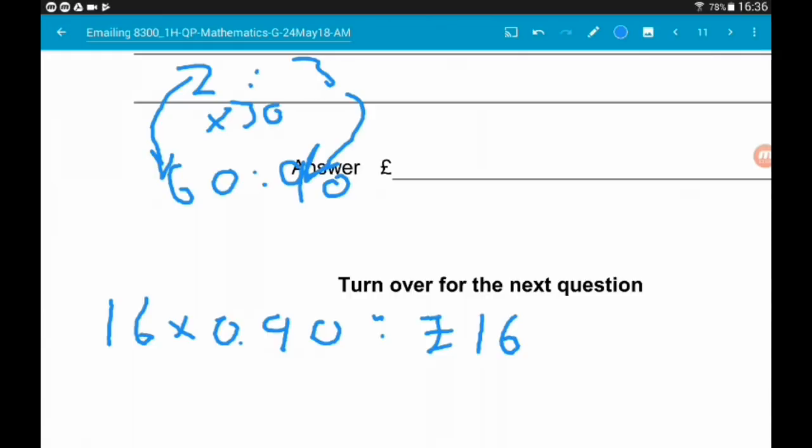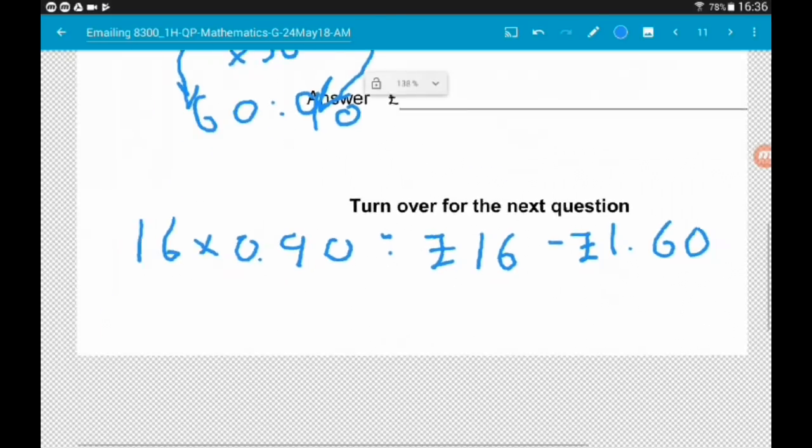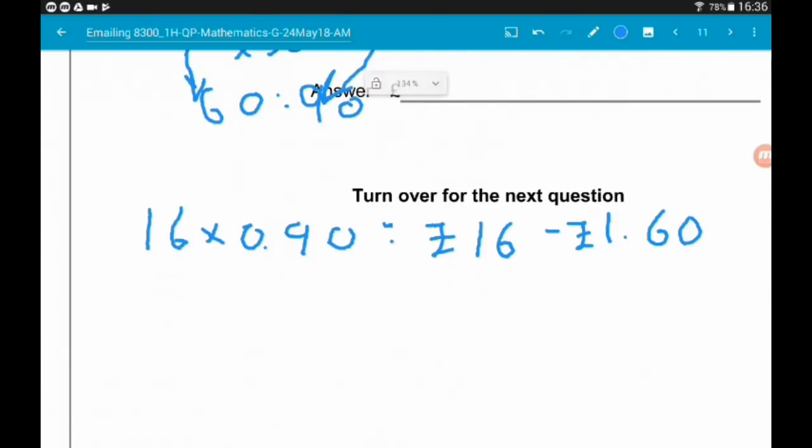So we've got 16 10p's too many. So we then want to subtract £1.60. So that's going to give us 14.40.